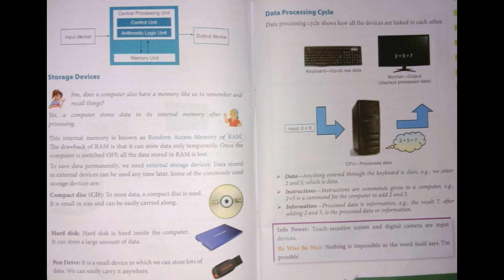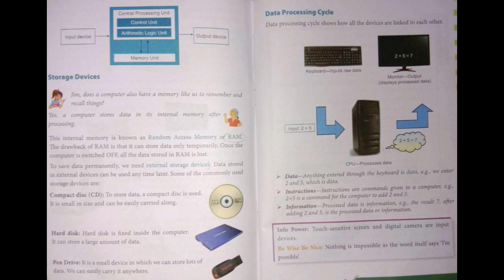The drawback of RAM is that it can store data only temporarily. It does not stay there permanently. Once the computer is switched off, all the data stored in RAM is lost. So in order to save data permanently, we need some external storage device.